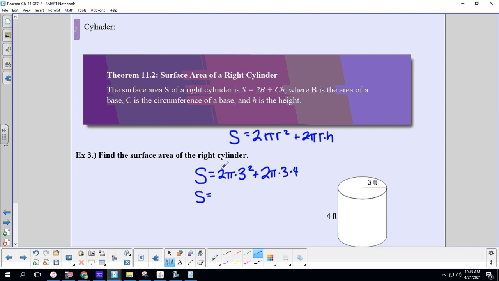So we're going to multiply all of our numbers together. 2 times 9 is 18. 2 times 3 is 6. 6 times 4 is 24. 18 pies plus 24 pies gives us a lot of pies. 42 of them. So this is what it would look like if you left your answer in terms of pi, but we're going to go ahead and multiply it through to get 131.9.